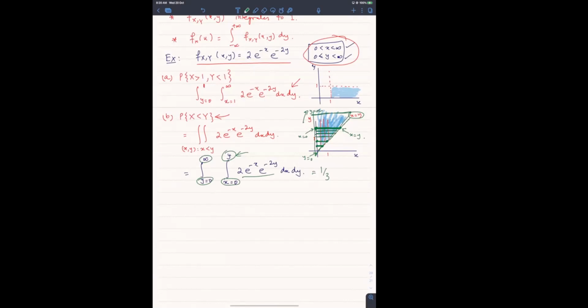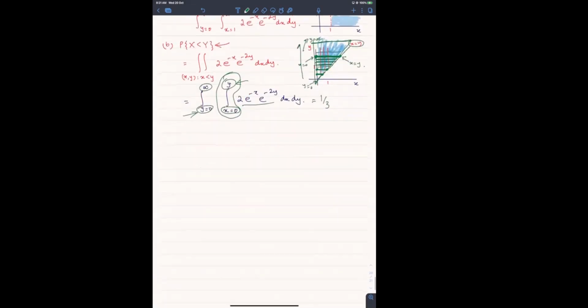So one green strip is given by this integral, and then I vary y from 0 to infinity. So think of this y going from 0 to infinity as a collection of all of these green strips. So y जो है वो 0 से infinity तक जा रहा है, ठीक है? Yes sir, ठीक.